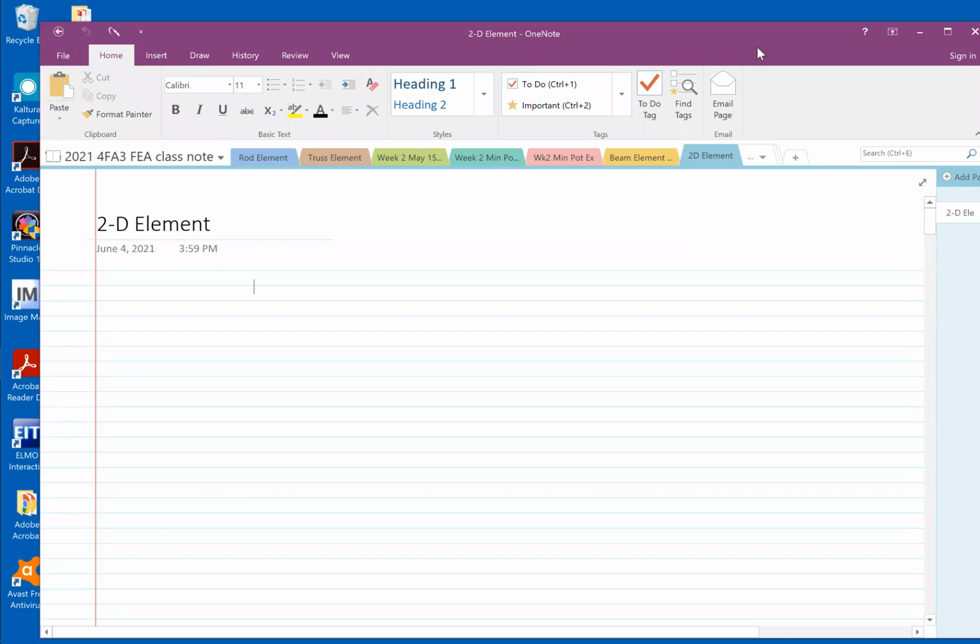Okay, 2D elements. What does it look like? It's a triangle. But do not confuse this triangle with a truss element.